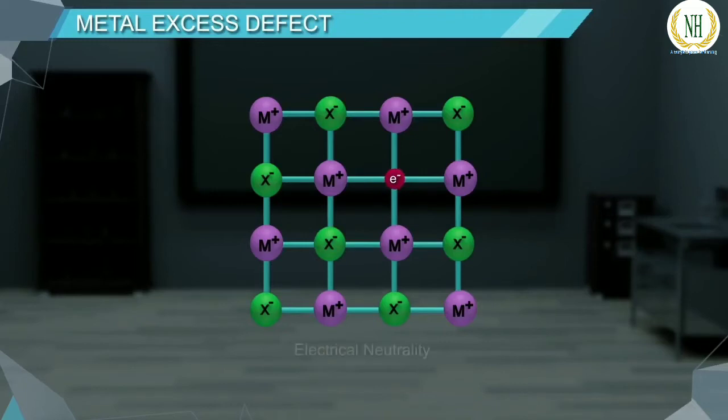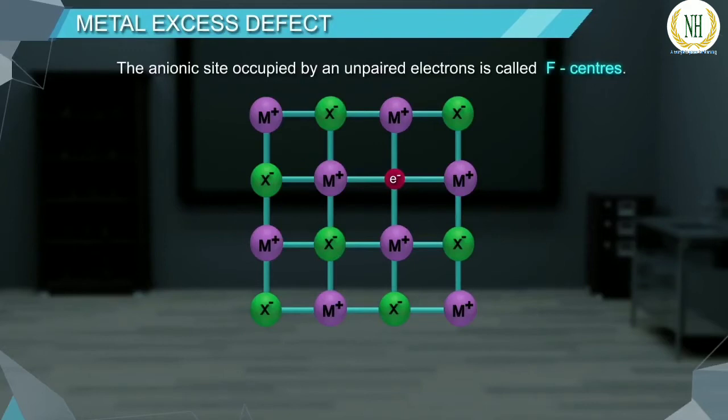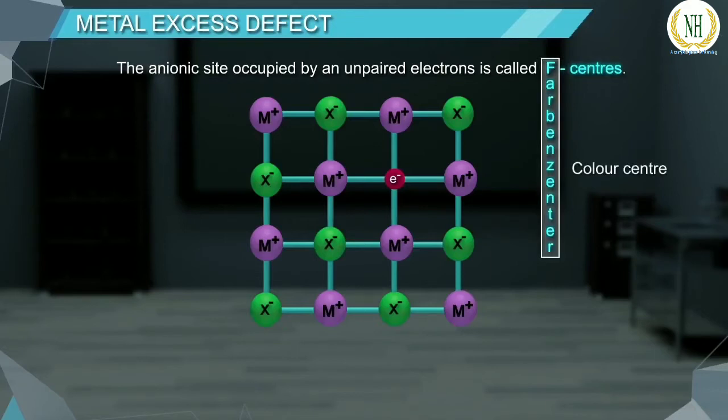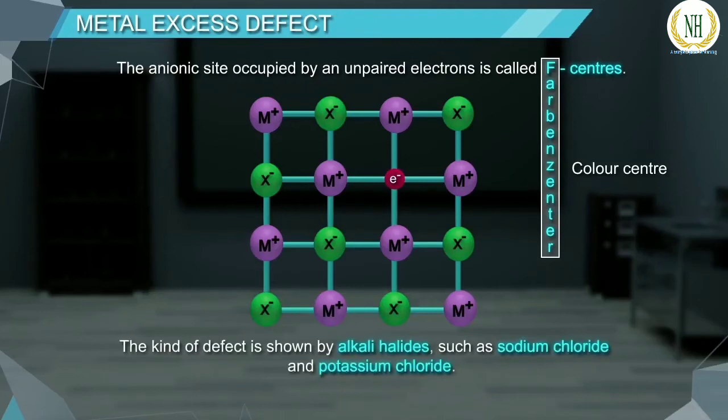To maintain the electrical neutrality, the anionic site is occupied by an unpaired electron, called F centers, where F stands for Farbenzenter, which is a German word for color center. F centers are responsible for the color of the compound. This kind of defect is shown by alkali halides, such as sodium chloride and potassium chloride.